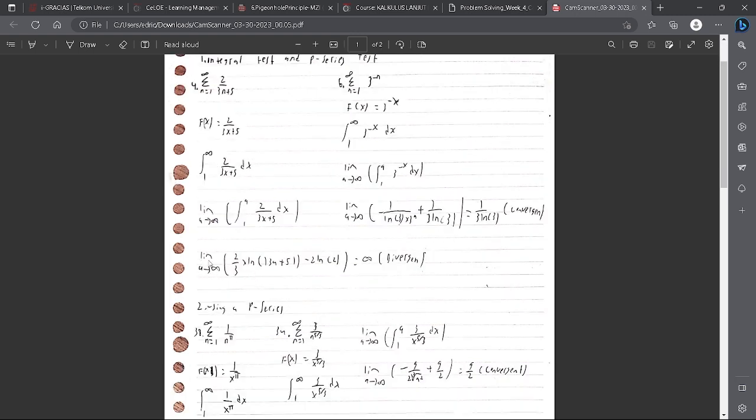The limit as a goes to infinity gives 2 over 3 times ln of 3a plus 5, minus 2 ln 2, and the result is infinity, so it is divergent.